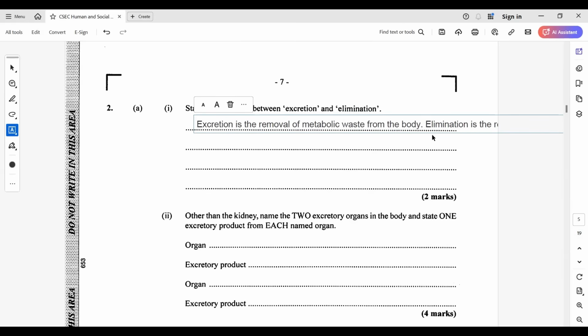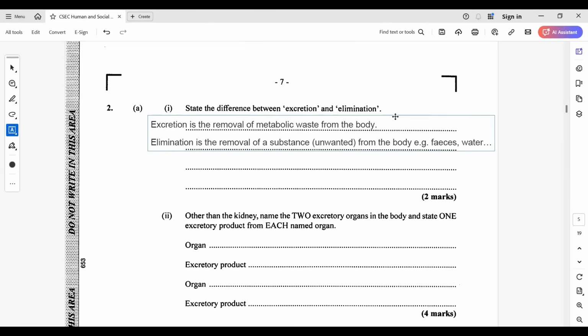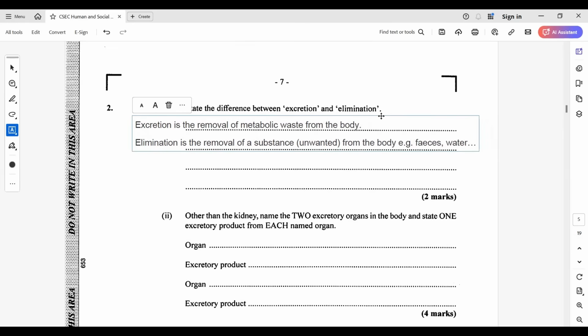So excretion is the removal of metabolic waste from the body, and elimination is the removal of unwanted substances, right? Remember, some things could be wanted at a period of time, but then at another time, it's not wanted. Think of water.